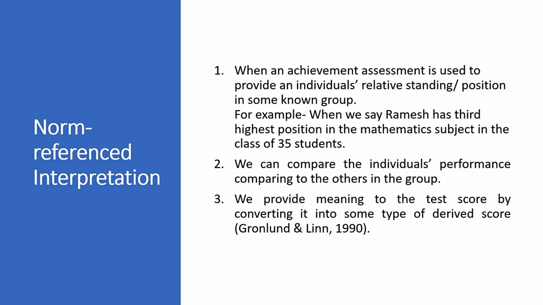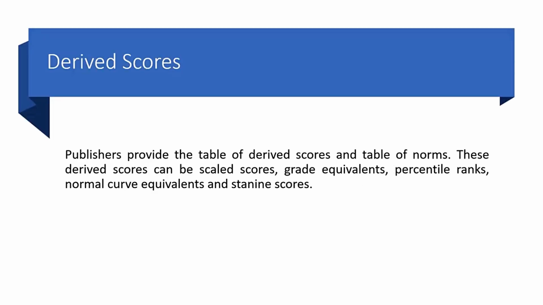Now, what does it mean by derived score? Derived scores: the interpretation and comparisons made with standardized tests or any published test require that the raw scores be converted to some type of derived score.